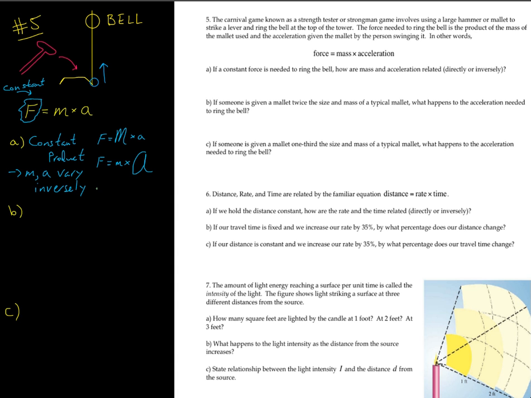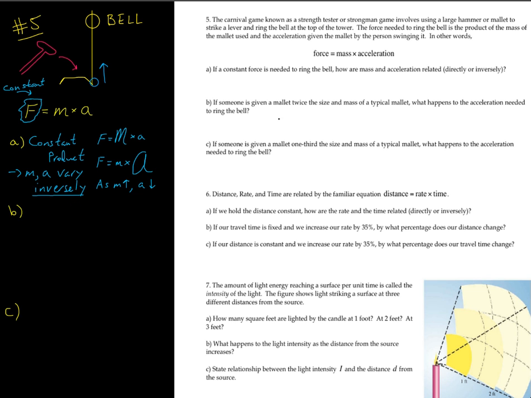So here we can say as the mass is going up, the acceleration is going to have to go down, and vice versa. If I decrease the mass, then the acceleration is going to have to go up. Okay, so that is the essence of inverse variation.